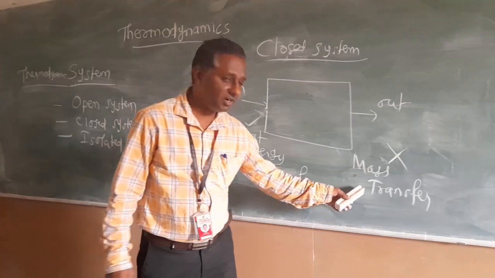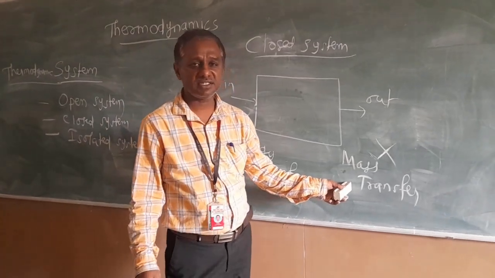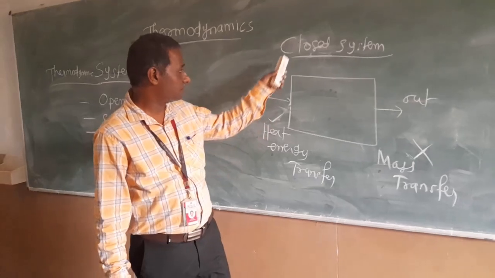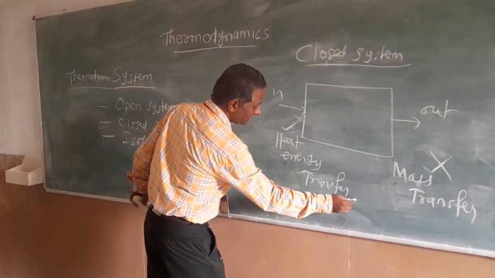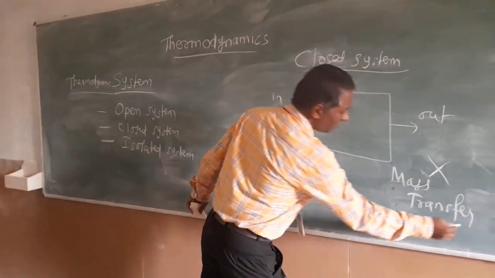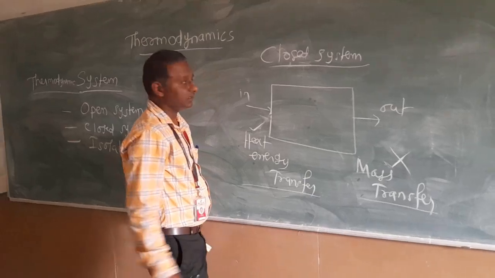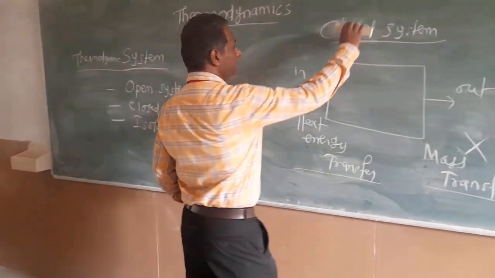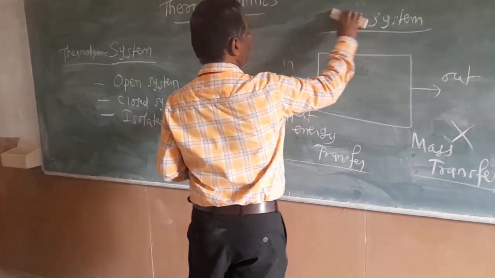The transfer of mass will not occur in the closed system. That is called a closed system. So closed system means only energy transfer but no mass transfer. Have you understood? Then let's move on to another system called the isolated system.